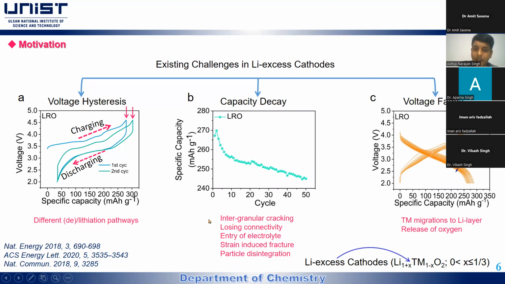When they are stressed, they break apart. When they break apart, the electrolyte enters them and starts creating stress inside the material. When we further charge and discharge, they get strained and finally get ruptured. When they get ruptured, our capacity fails.